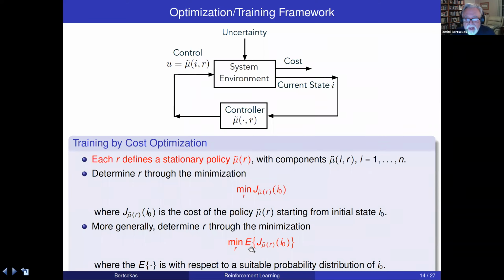This is expected value with respect to initial condition. In other words, there's one version of the problem where the initial condition is known. But what happens if you don't know the right initial condition? Then you modify this cost function to involve a weighted sum over initial conditions. So this expectation has nothing to do with transition probabilities or randomized policy. Does that make sense? Yeah, it does.